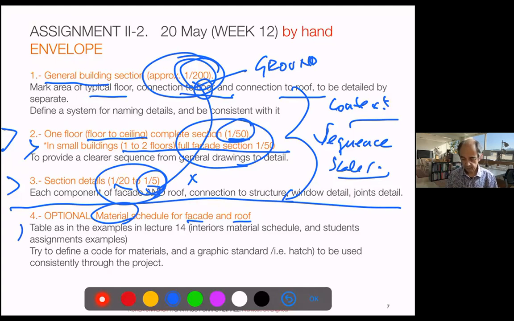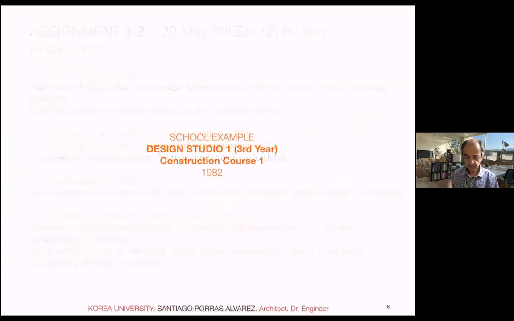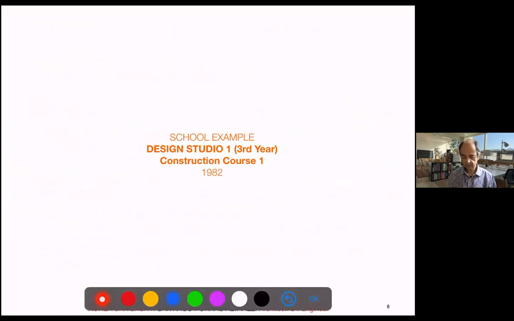I promised last week to show one schoolwork. It was my third year for Studio One and the first course of construction. It's not perfect, but it will give you an idea of the process of envelope detailing. And we will give a few minutes for people to complete before details.